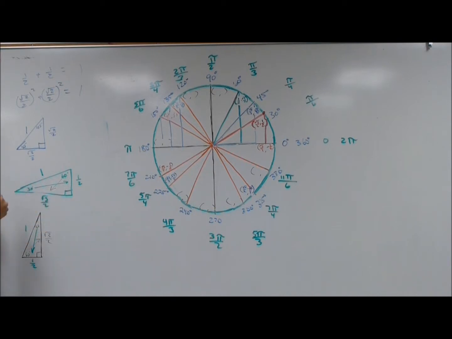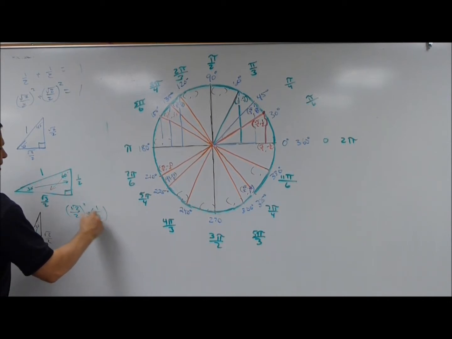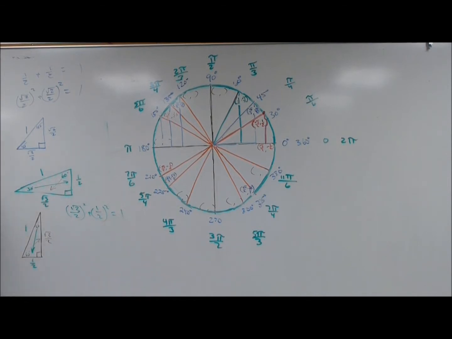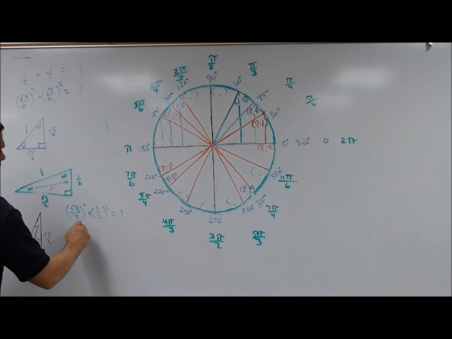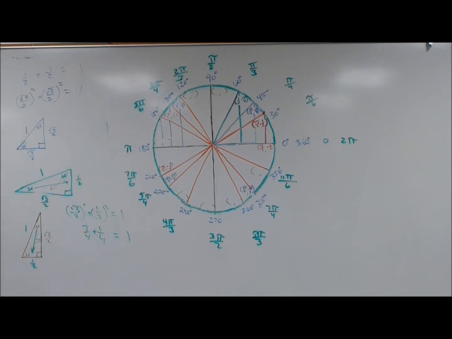With this one, you have the square root of 3 over 2 squared plus 1/2 squared should equal 1. The square root of 3 over 2 squared is 3 over 4, and this squared is 1 over 4, so when you add that up, you get 1. So we know that these are valid, and all of these lengths are valid.